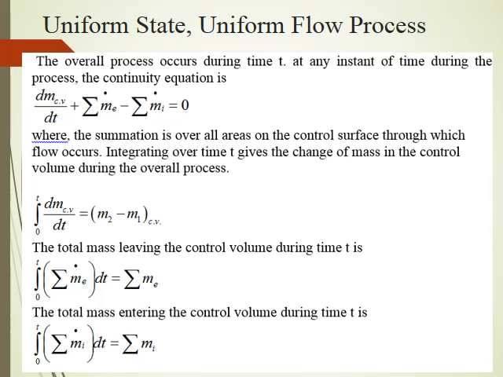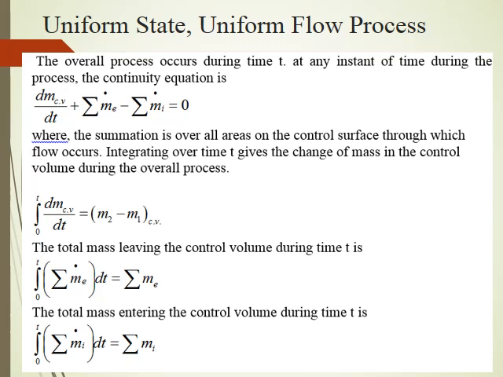So we integrate this term, and we get m2 minus m1. Here m1 denotes the mass of the control volume at the beginning of the process, whereas m2 is the mass within the control volume at the end of the process.